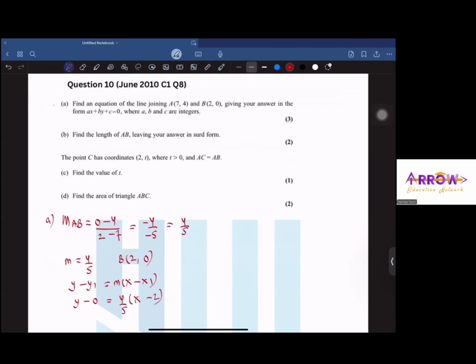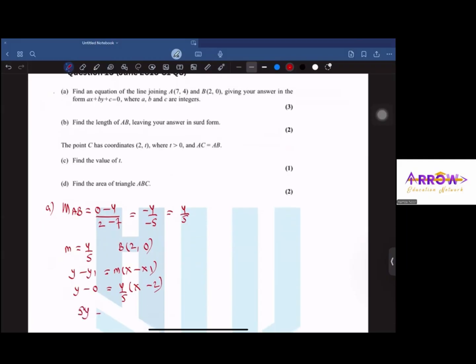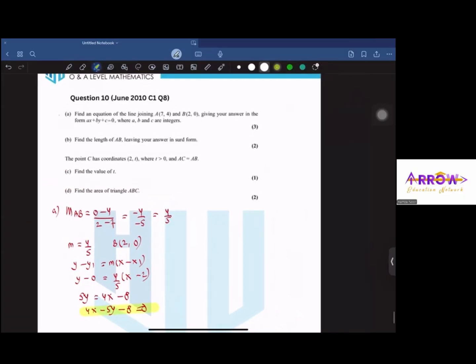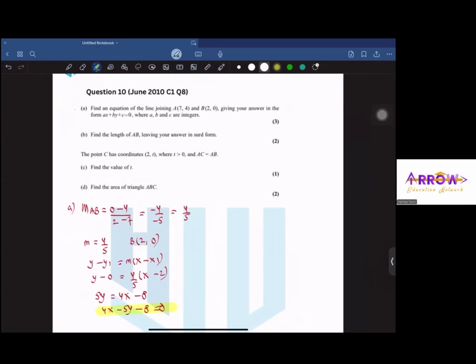But we need our answer in a specific form, which is ax plus by plus c is equal to 0. So this means that 5y is equal to 4x minus 8. So 4x minus 5y minus 8 is equal to 0. This is supposed to be your answer. All right, we have expressed our answer in the form ax plus by plus c is equal to 0.